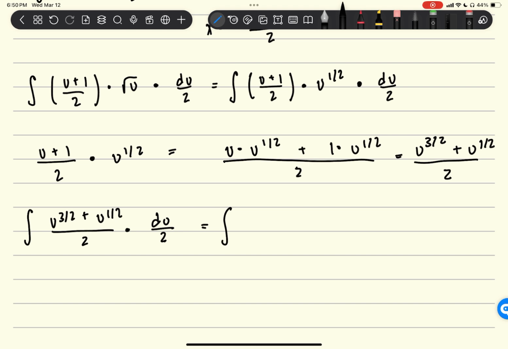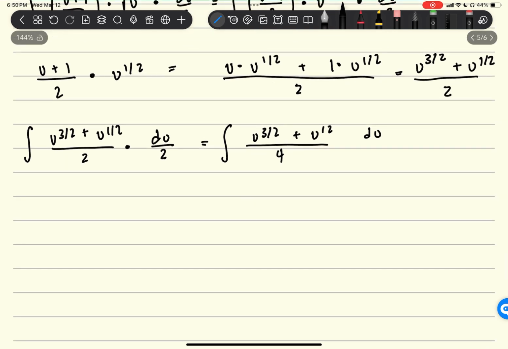We're still going to have u to the 3/2 plus u to the 1/2, and we're still going to have du. But the denominator, 2 times 2, is 4. Now, remember that for integrals, an important property is that you can pull out anything that is constant. So in this case, we can pull out a 1/4, just like this. And on the inside, we're going to be left with u to the 3 halves plus u to the 1 half du.